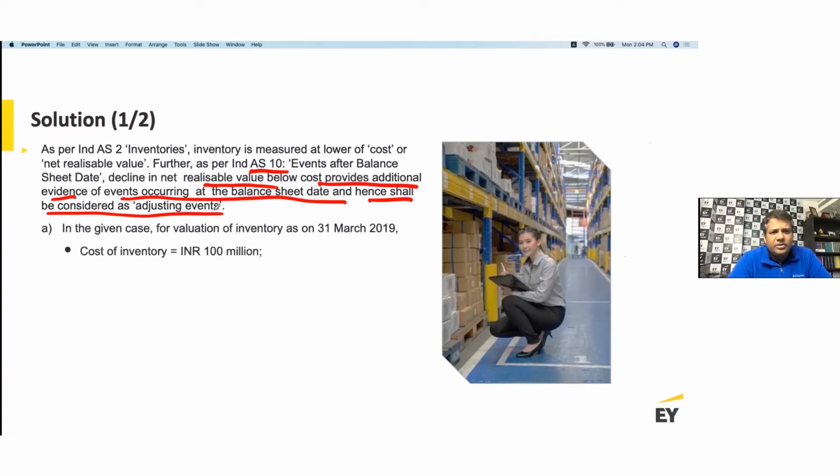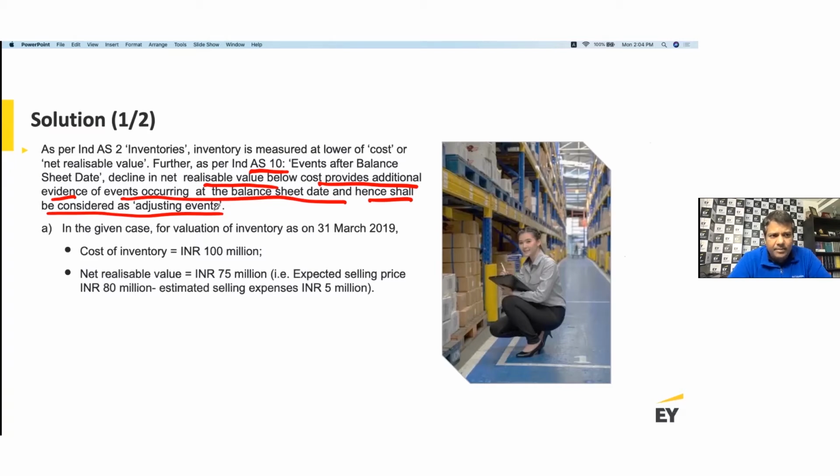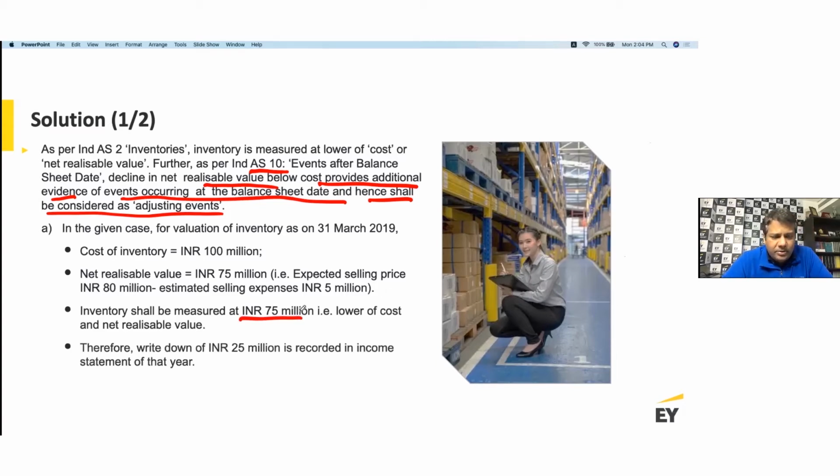For valuation of inventory at 31st March 2019, my cost was 100. My net realizable value is 75. So I'm going to record at the lower of cost and net realizable value, which is 75 million. That means I need to record a write down of 25 million in the income statement.